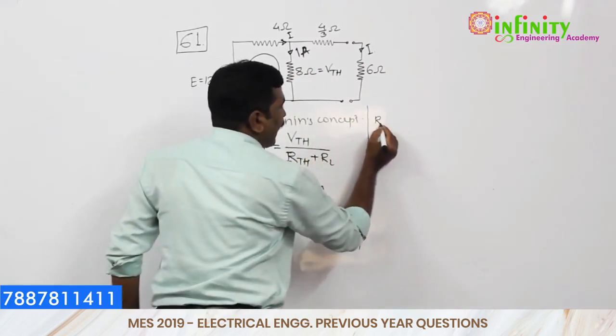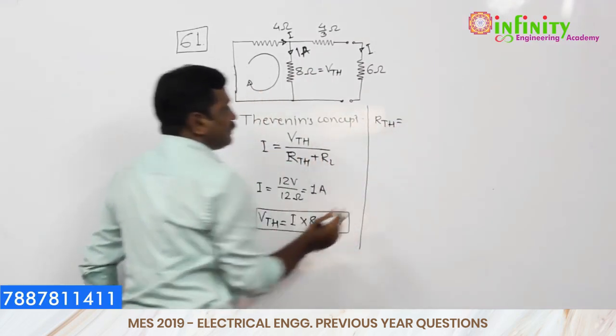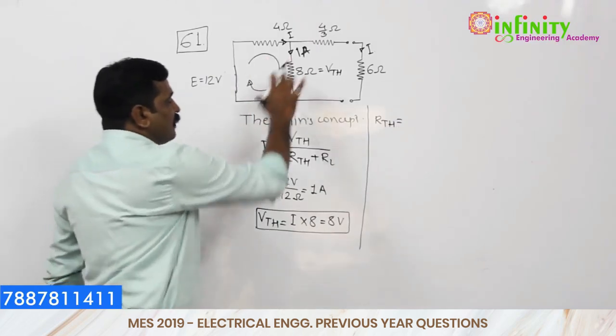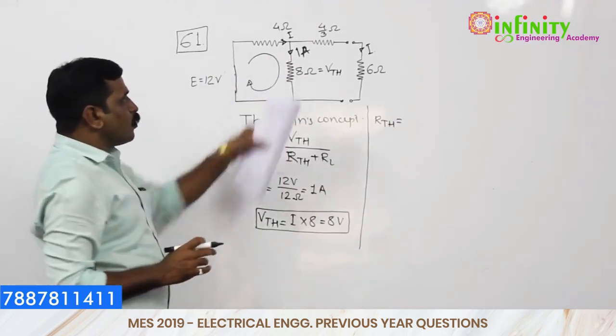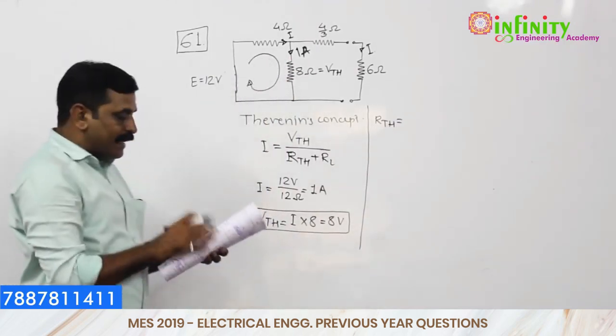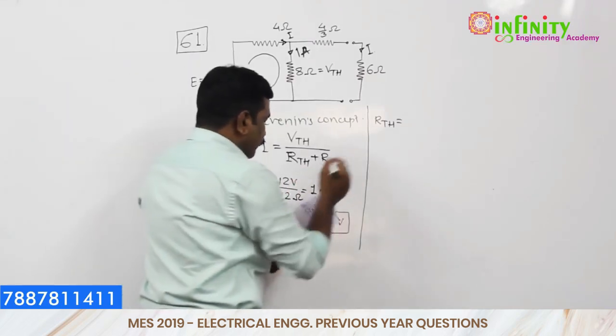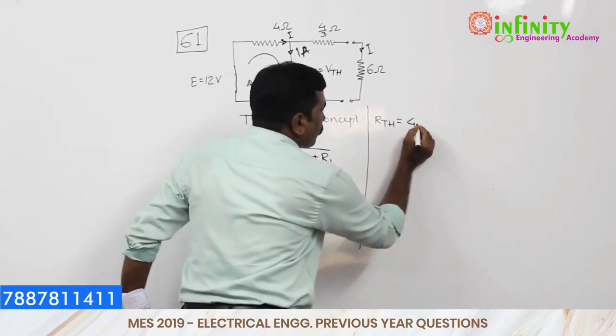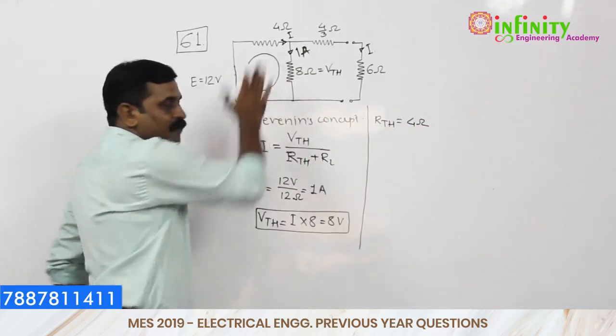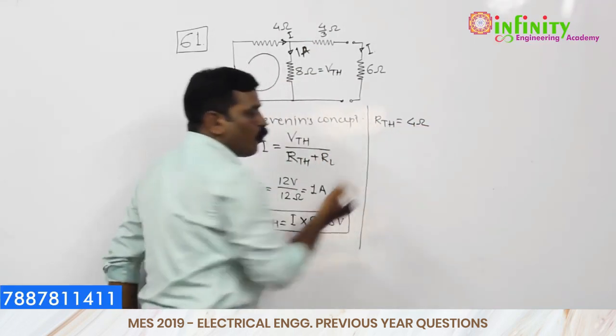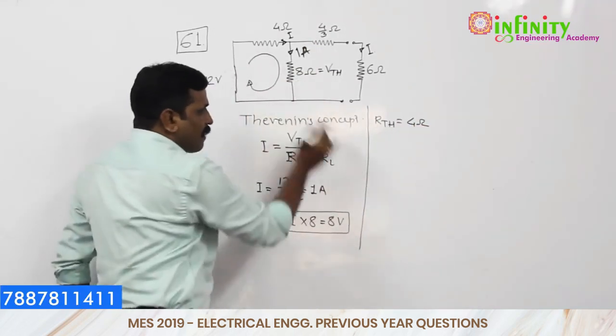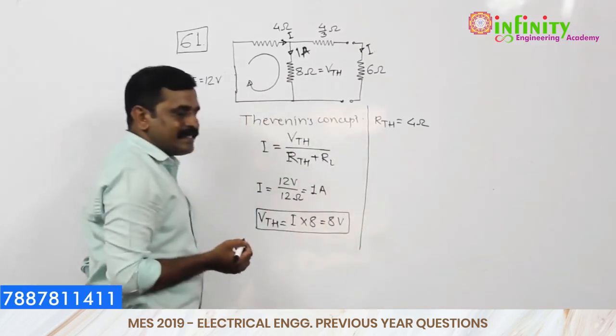So when we solve this particular part, we'll get the total value of that resistance, and it is nothing but the 4 ohm. So after simplification of that, we get the value of 4 ohm. We'll not solve that particular part over here, but here RTH is nothing but the 4 ohm.